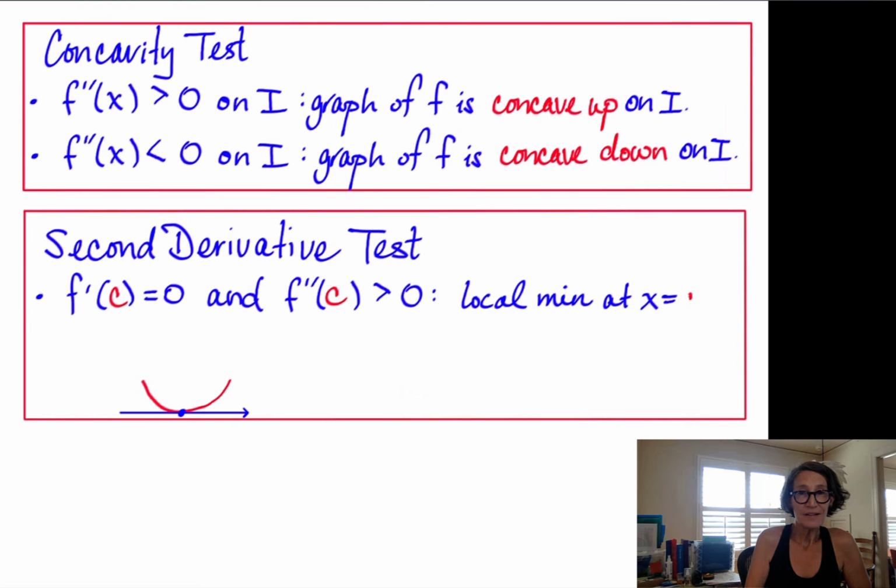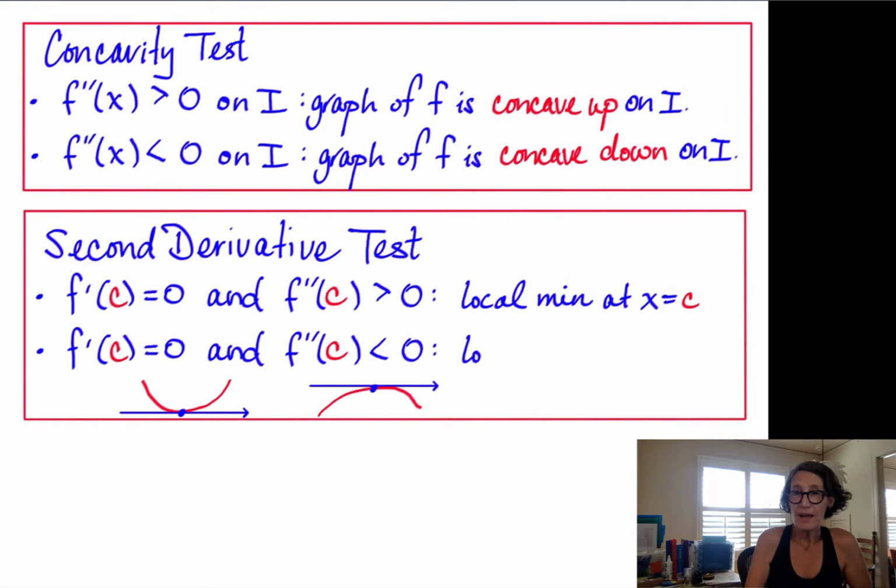That's the first part of the second derivative test. The second part says if the first derivative at that critical number is 0 and the second derivative at that critical number is negative, well, it's concave down, and that means it's a local max. Notice this isn't always useful.